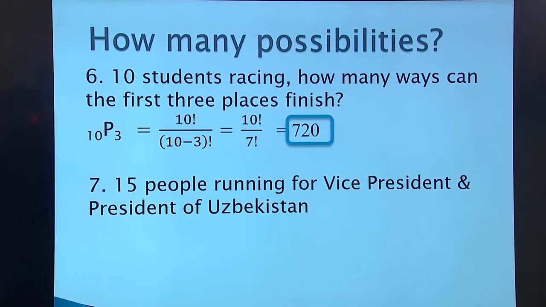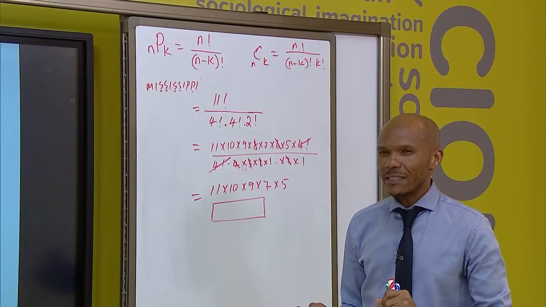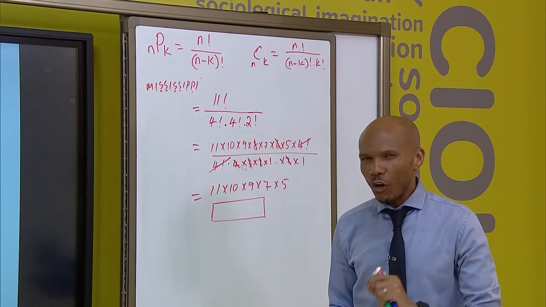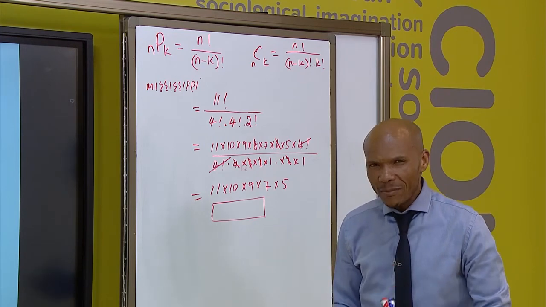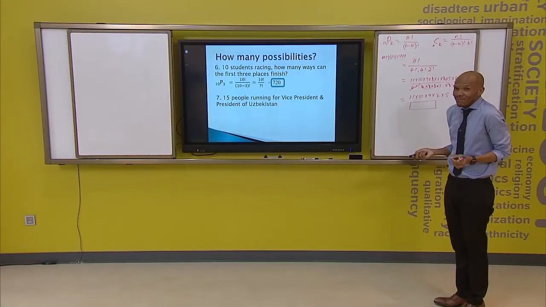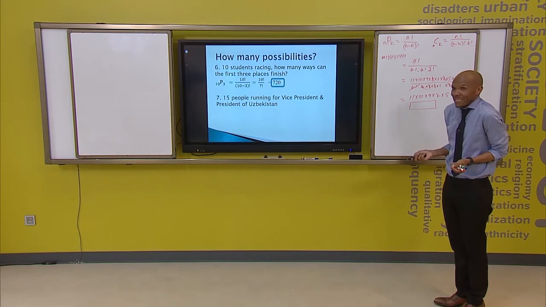Okay? And let's look at question 7, and I think you will love question 7. Question 7 says, 15 people running for vice president and president of Uzbekistan. So you've got 15 people, and you want to choose president and vice president. The first question is, does the order matter? What do you think?